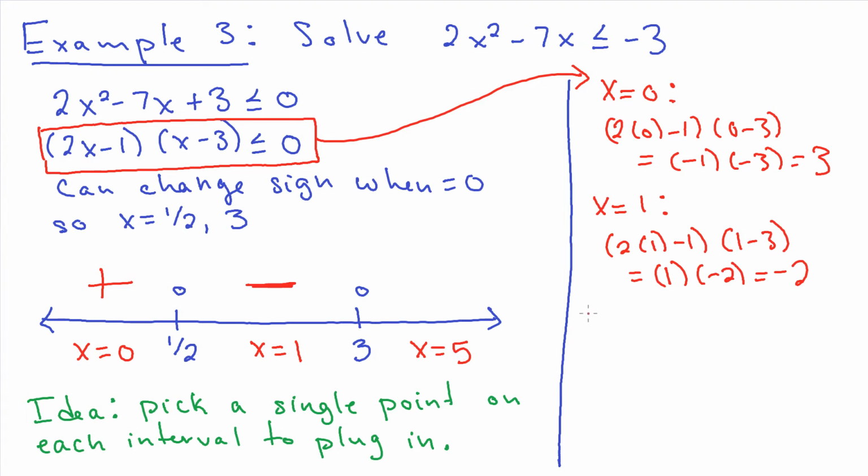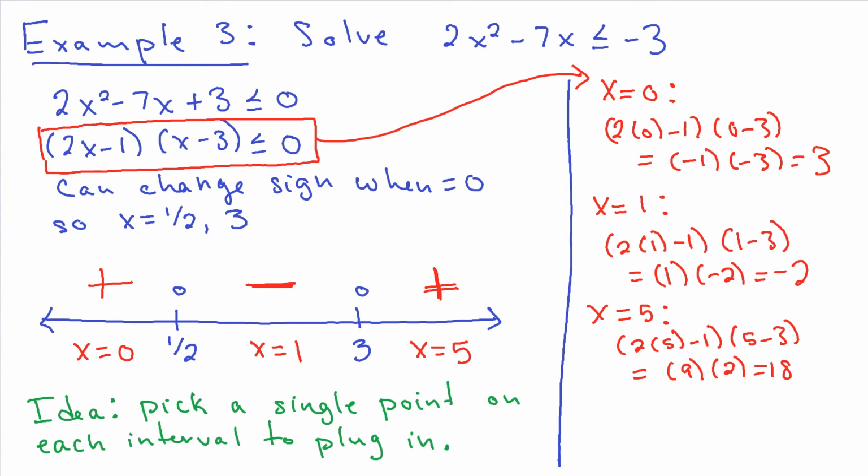Now, if I plug in the last x equals 5, I have 2 times 5 minus 1, 5 minus 3. So this is 9 times 2 is 18. So again, on this entire interval that goes off to infinity, I know this expression is positive.